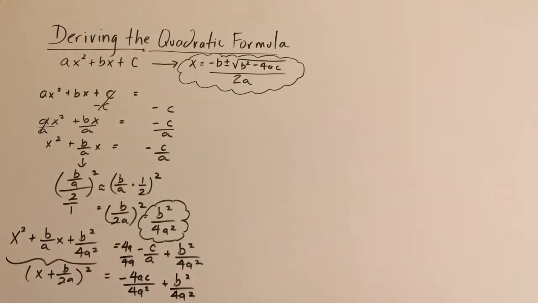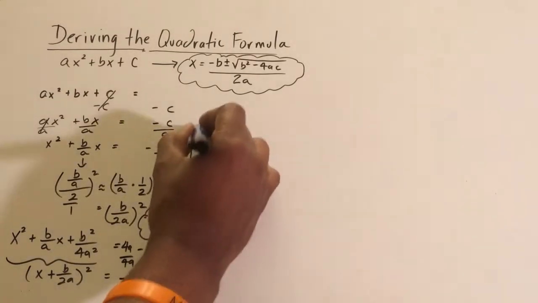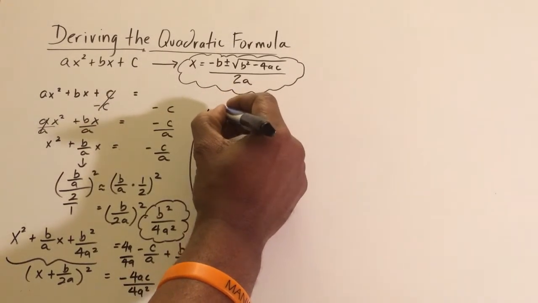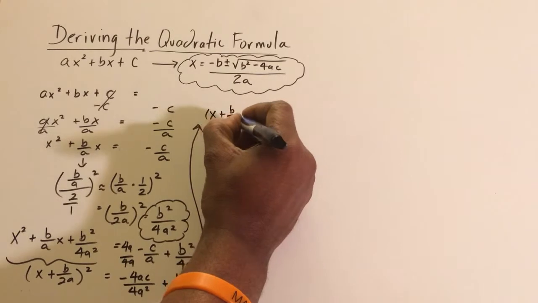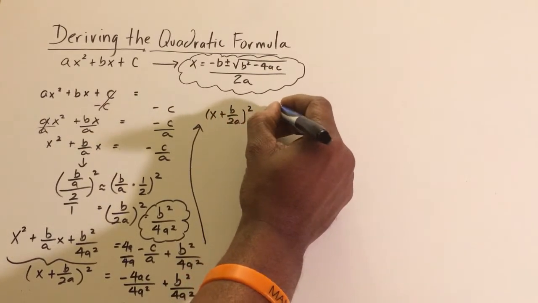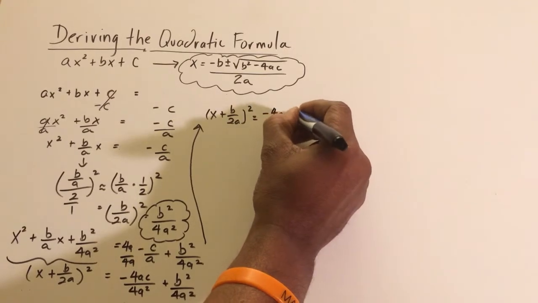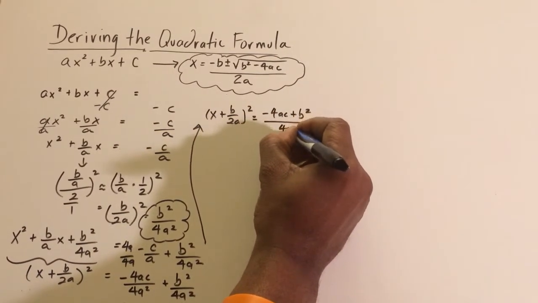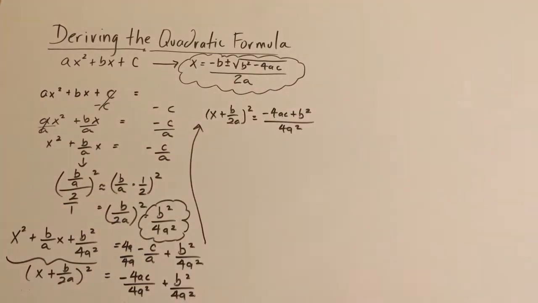Okay, now I'm going to write the right side with one common denominator, since we have 4a squared as the common denominator. So the left side, x plus b over 2a, squared, equals minus 4ac plus b squared, all of that over the common denominator, 4a squared.